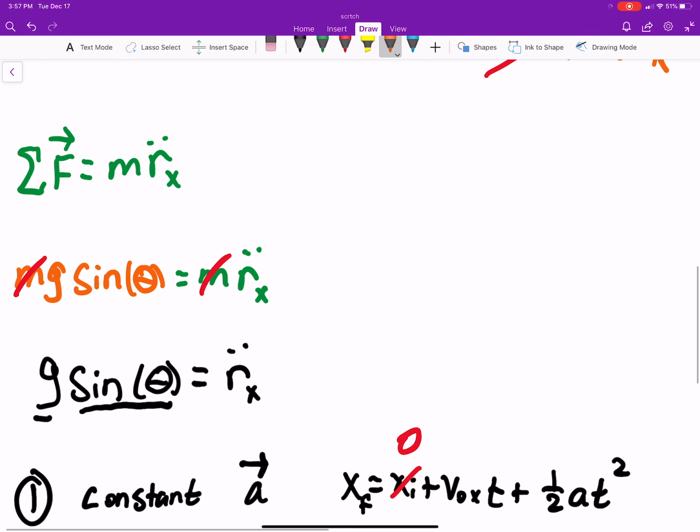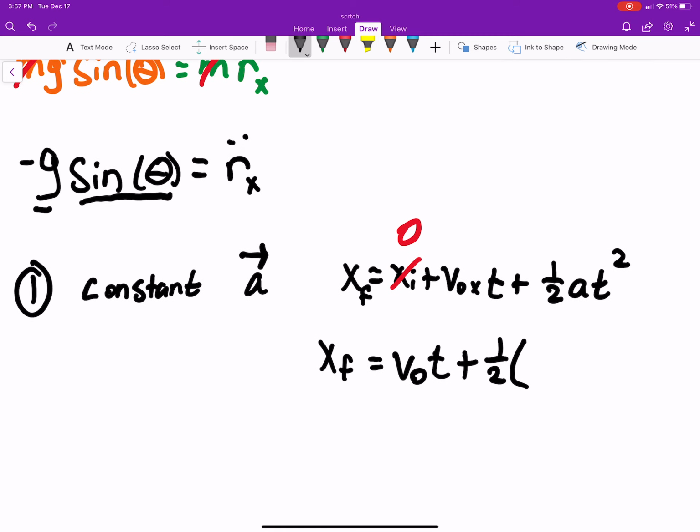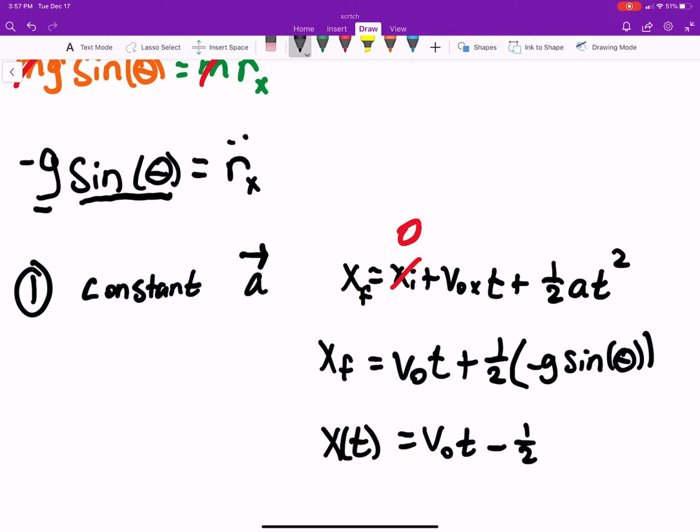So I'll go ahead and take care of that. So instead of acceleration, we'll say minus g sine of theta. And finally, x as a function of time is equal to v naught t minus 1/2 g t squared times sine of the angle.